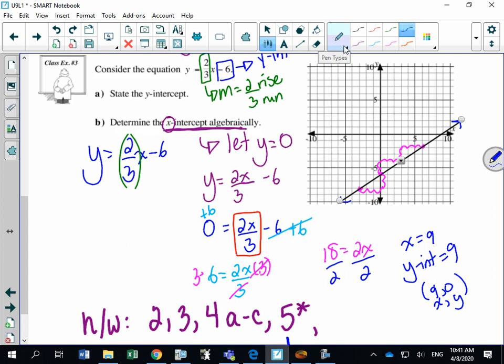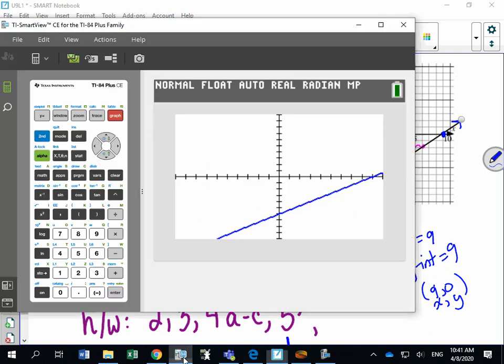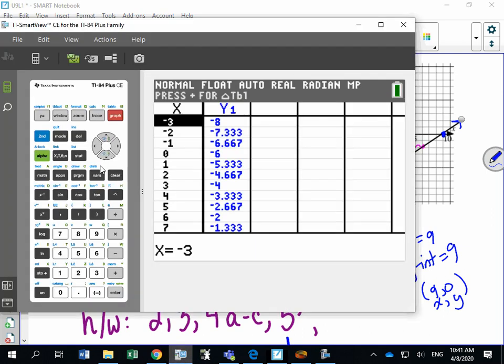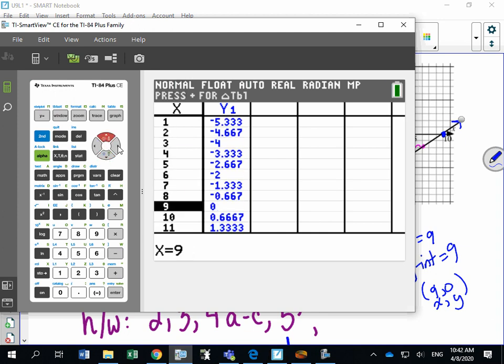My y-intercept is 9. And then let's verify on my calculator. So let's go to second function table, and let's go to x is 9. And look at that. At x is 9, y is 0. Remember, for your x-intercept, your y value will always be 0. So that is my x-intercept.